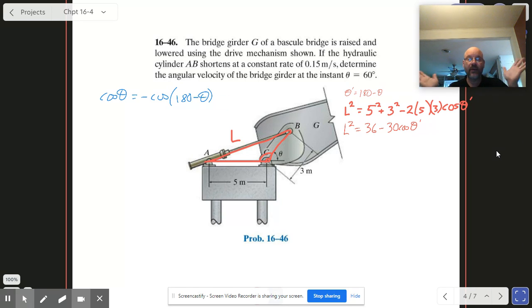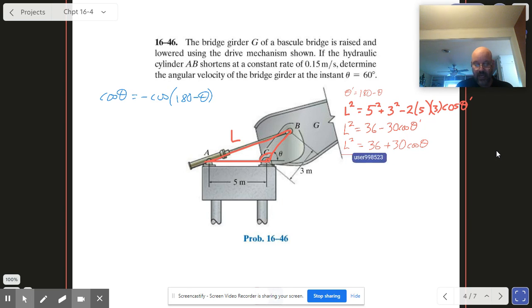Okay, so they're equal and opposites that way, which works out really well for us because then what that means is we can change our equation to L squared is 36 plus 30 cosine theta. And now we've got all of the variables that it's given to us, okay? So we're supposed to find the angular velocity, omega, which is theta dot.